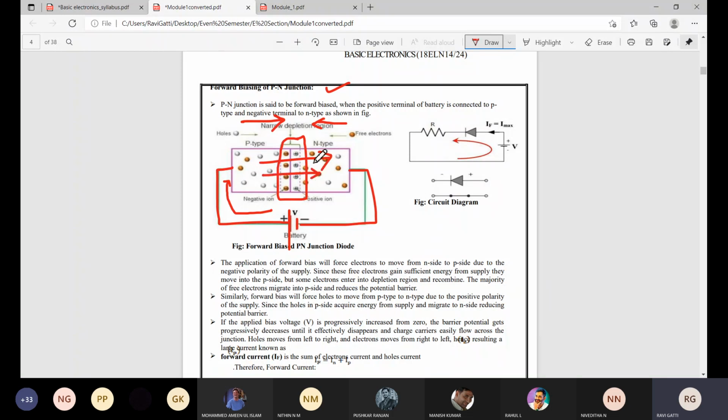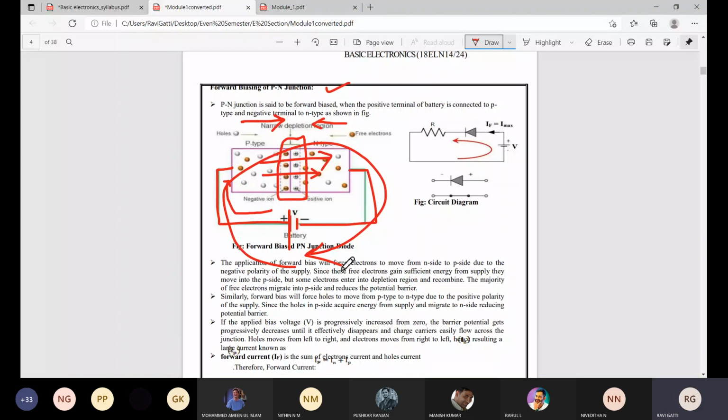Therefore the holes will move over here and the electrons will move over here, so the current will flow across the junction. So in forward bias condition the PN junction will be in a conducting mode. The remaining things associated with forward bias condition we will see in the next class. We will stop here for today's session.